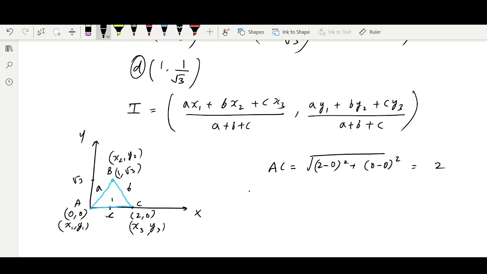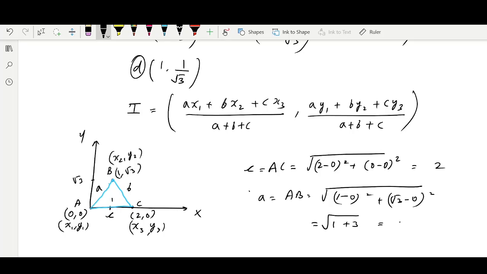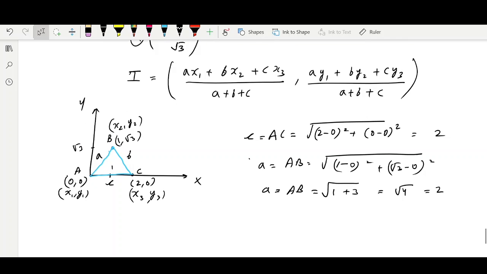Now let's see how to find out the next side. AB is under root 1 minus 0 the whole square plus root 3 minus 0 the whole square. That will be 1 plus 3, that is 4, square root of 4 is 2, and we take only the positive value as distances are only positive, not negative.